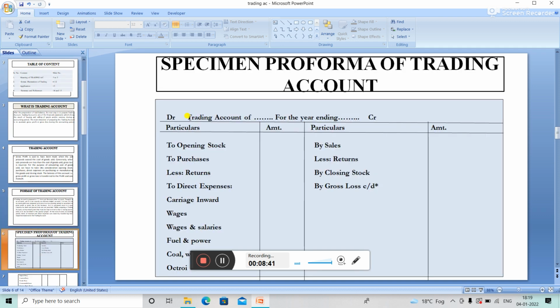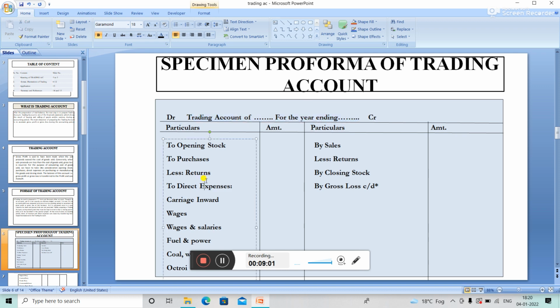Very firstly, we are going to write down this particular line over here: trading account of, say, XYZ company for the year ending, suppose, 2020-2021.